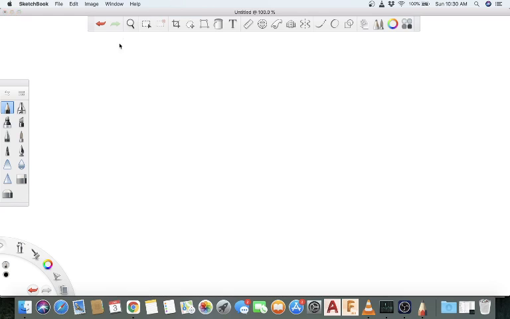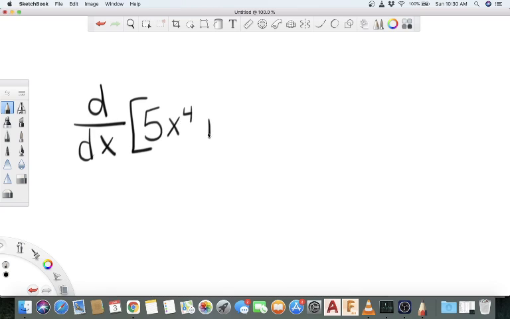What if we had multiple terms that we needed to take the derivative of using the power rule? So we would do each of these separately, and then that would be our final answer.